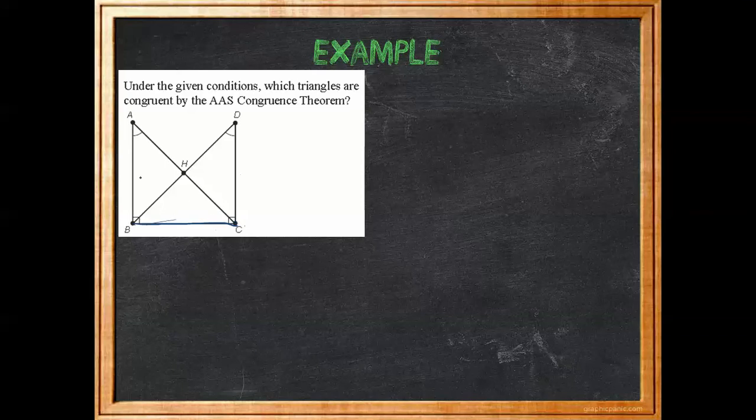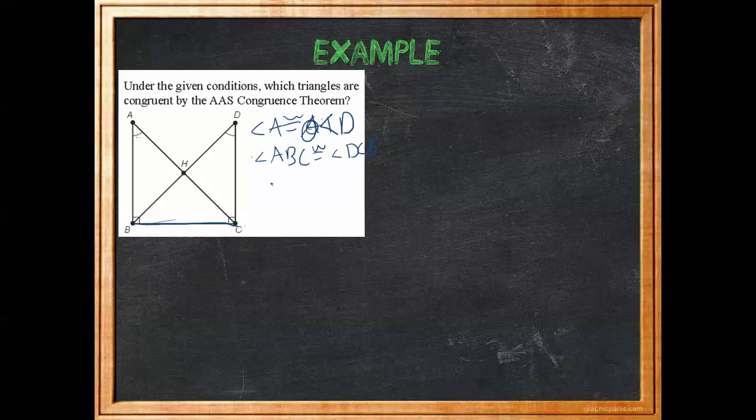So we know that this is the triangle pair that we're looking at. Angle A is congruent to angle D. Down here, see this little right angle? The little right angle says that angle ABC is congruent to angle DCB.